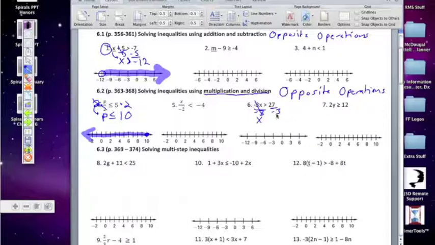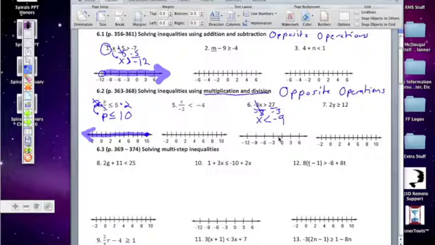Negative 9. So when we move a negative term, does anybody recall what happens to this greater than sign? It flips, or it changes direction. So we need to change the direction of this sign because we moved a negative term by multiplication or division.